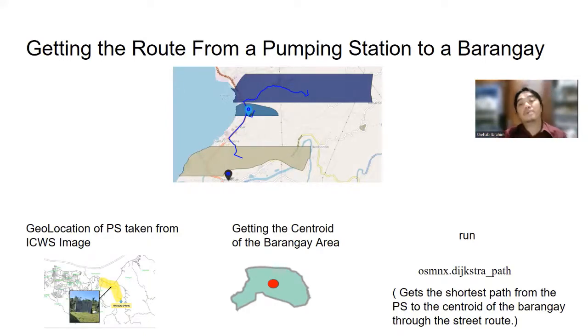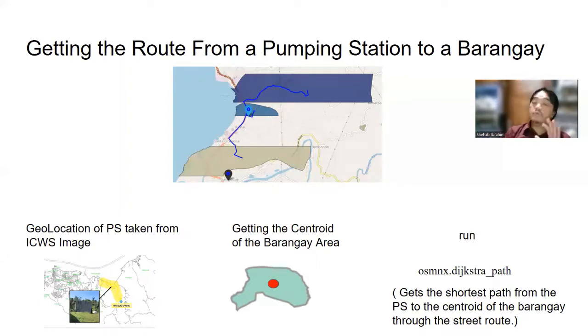After getting this, we have the two points, the source and the destination, and we run a method from OSMnx, osmnx Dijkstra path. This gets the shortest path from the source to the destination, in this case from the pumping station to the centroid area of the barangay, using the street route.